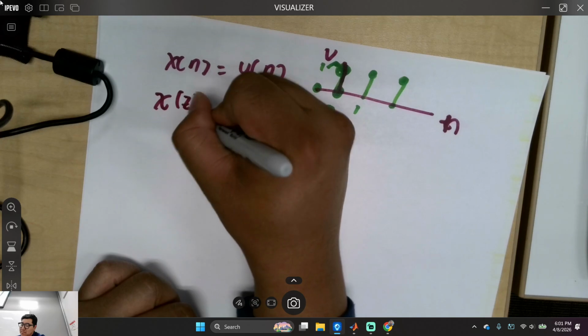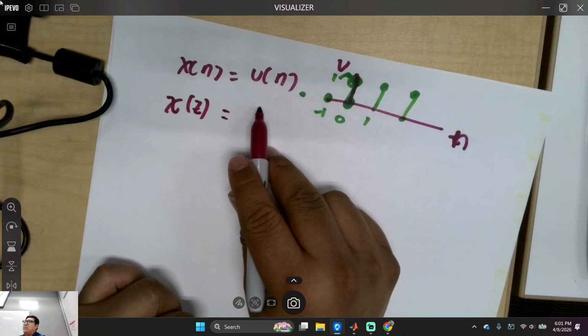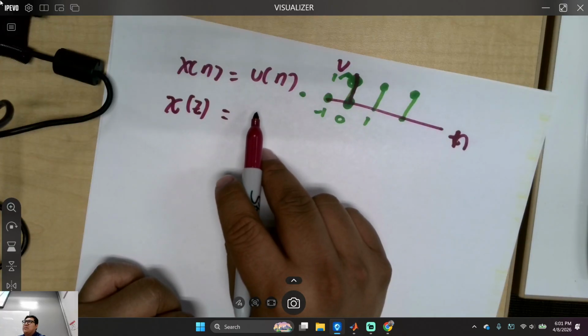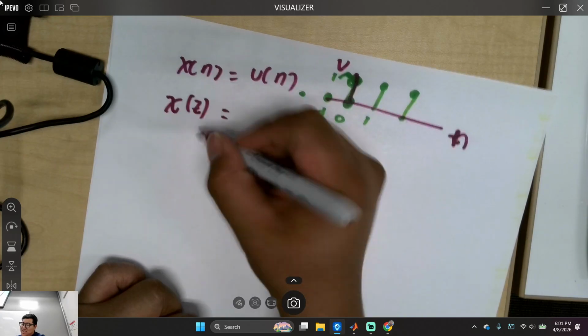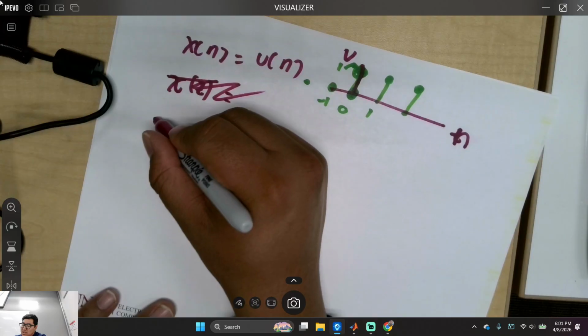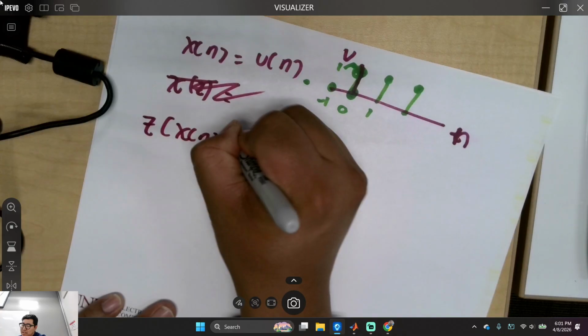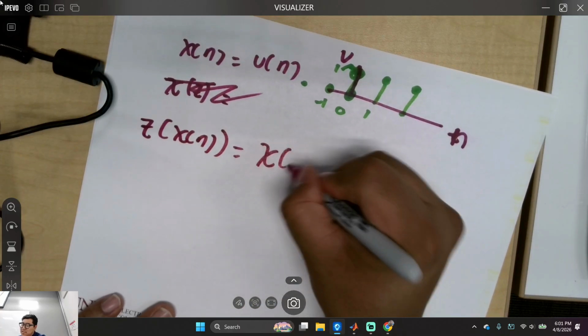X(z), right? Anyone know what that one is? It's just 1? All right. You know what? Let's teach David, okay? The Z transform of a signal x[n] can be defined as this, right?